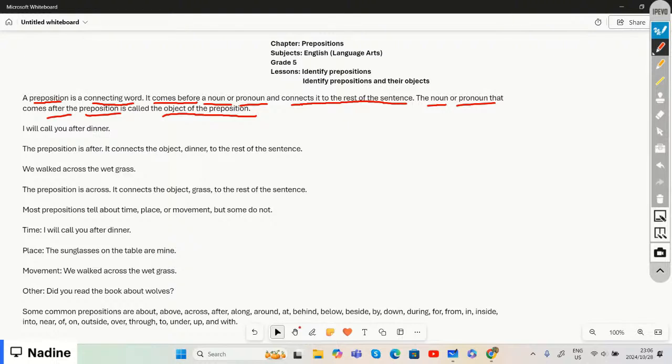So once again, we said a preposition is a connecting word and it comes before a noun or before a pronoun and it connects it to the rest of the sentence.